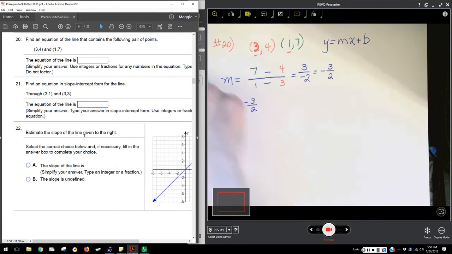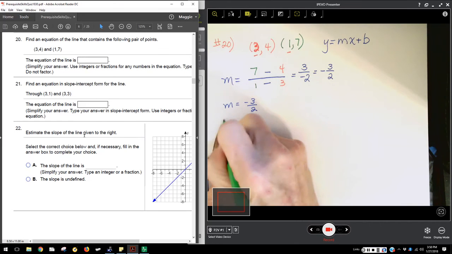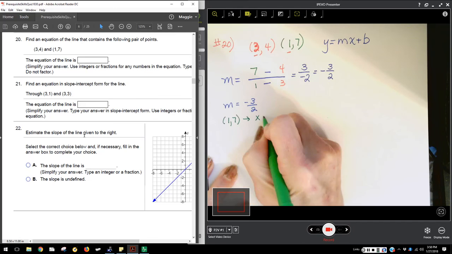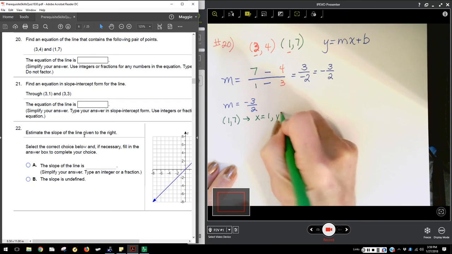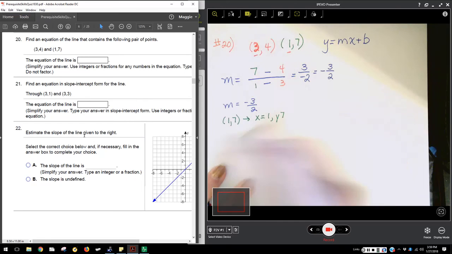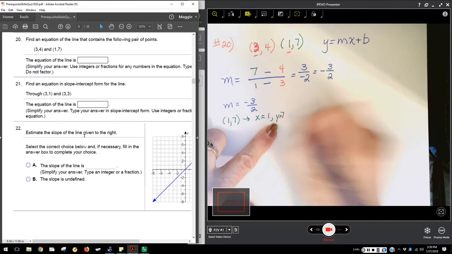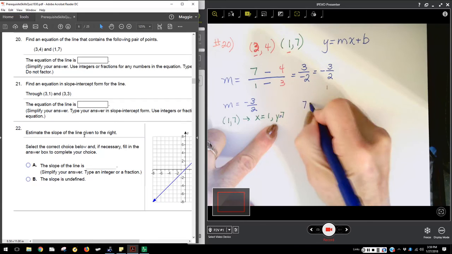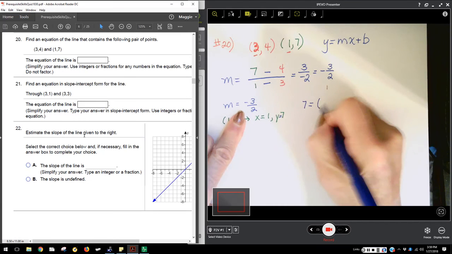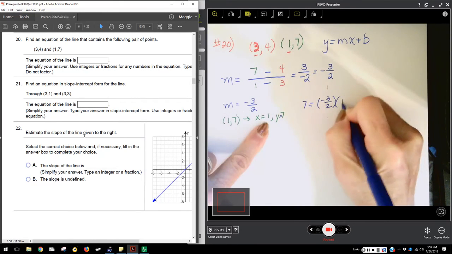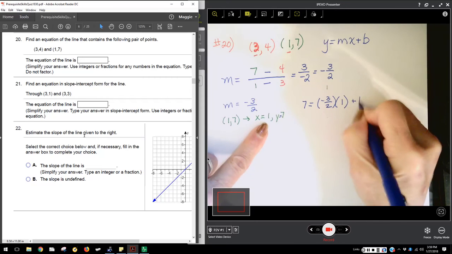And I can choose either point that I want to. It doesn't matter which point you choose. My x value for (1, 7) is 1, and the y value is 7. And I'm going to plug that into y equals mx plus b. So 7 is equal to the slope, which is negative 3 halves, times x, which is 1, plus b.